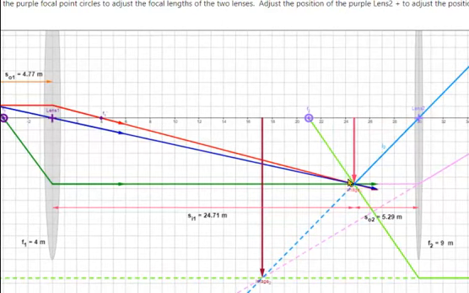So I'm going to use the thin lens equation again to get that image distance, this here being the new object distance, and I have to find my calculator. There it is.